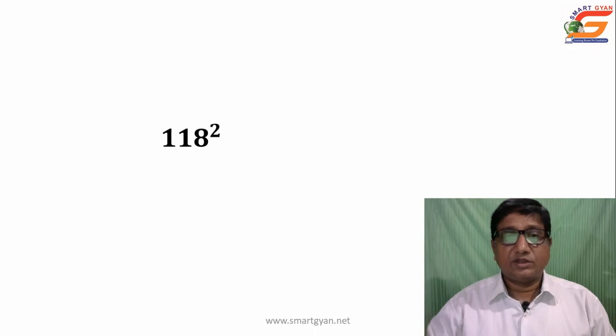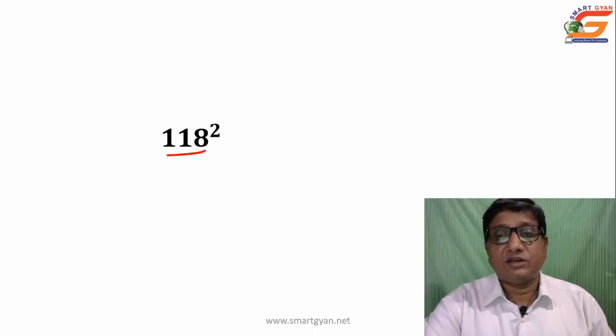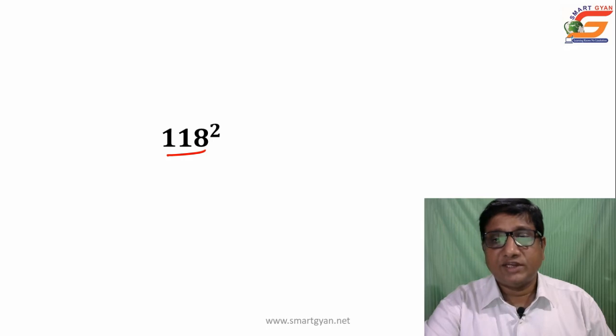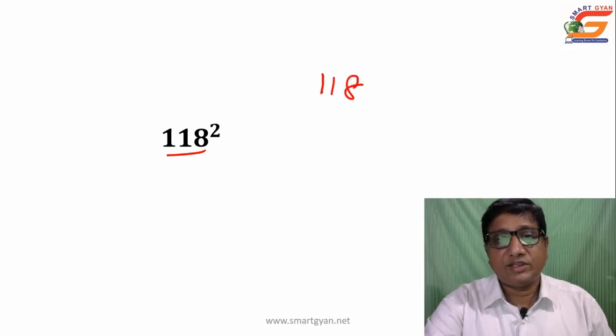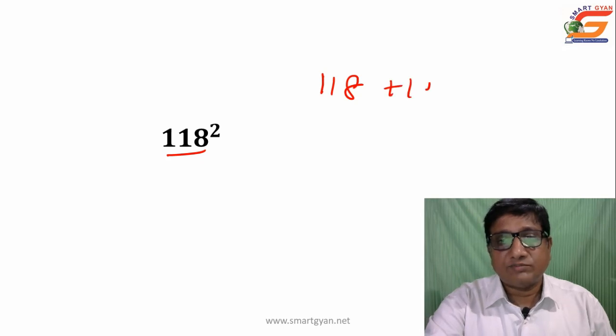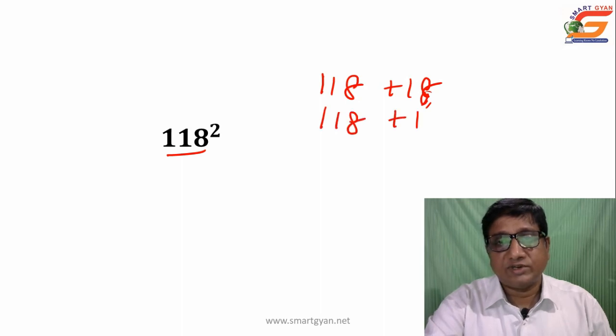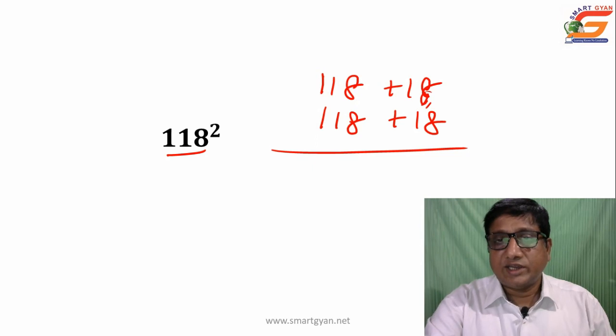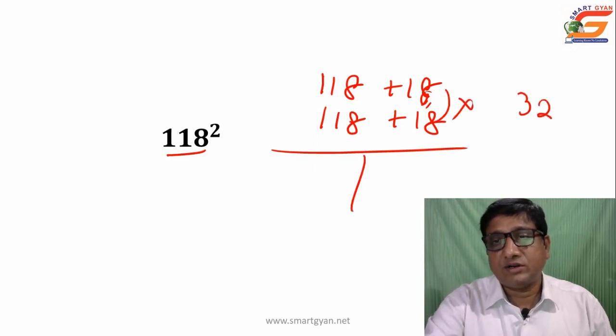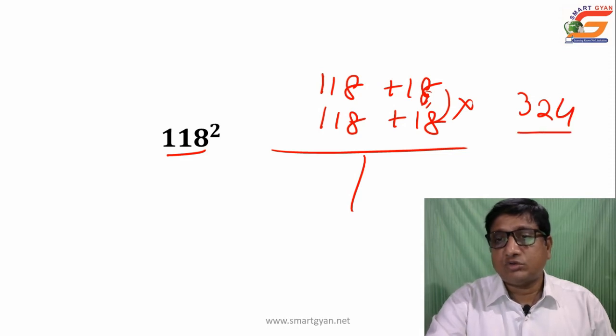Here, as 118 is greater than 100, you have to find how much greater than 100 it is. 118 is 18 more, that's why it is plus 18. Try to relate: the previous one was less, that's a minus; this is greater, that's why it is plus. 118 plus 18, and we have to repeat the same thing once again, 118 plus 18. That is 18 into 18, which is your right part. 18 square is 324, but we are not going to write all 3 digits.